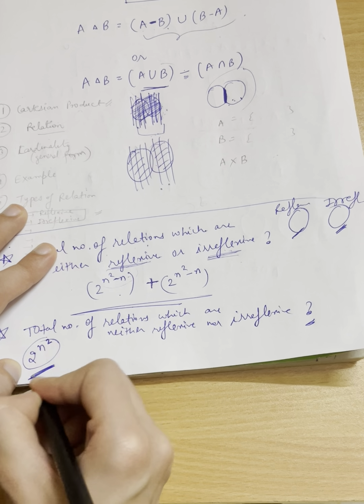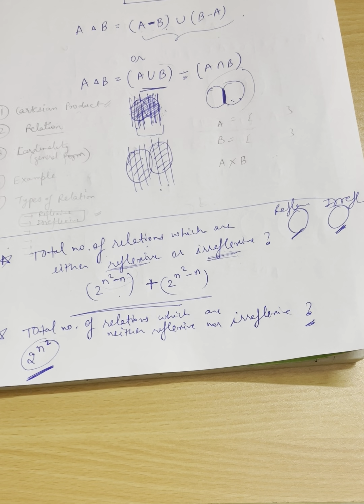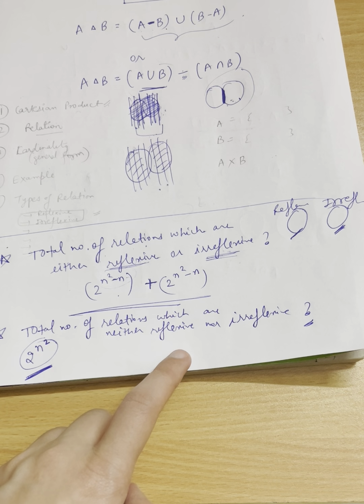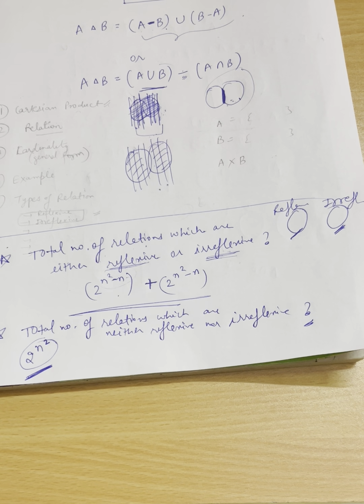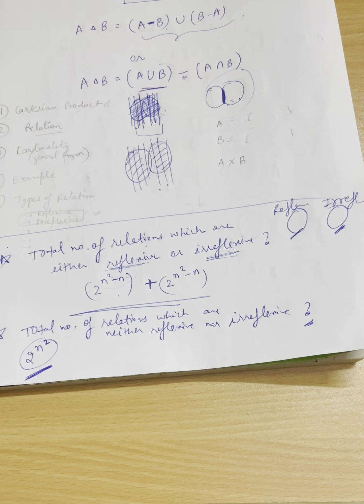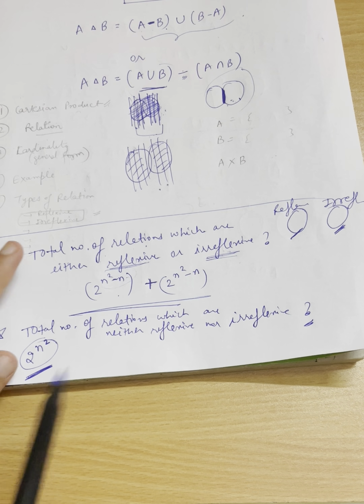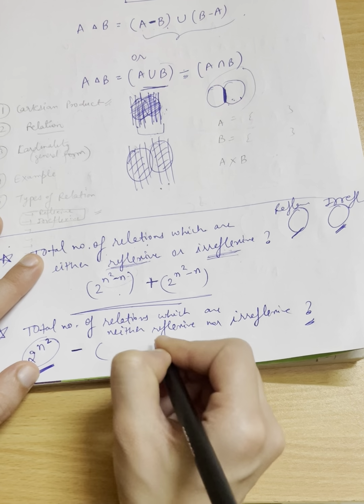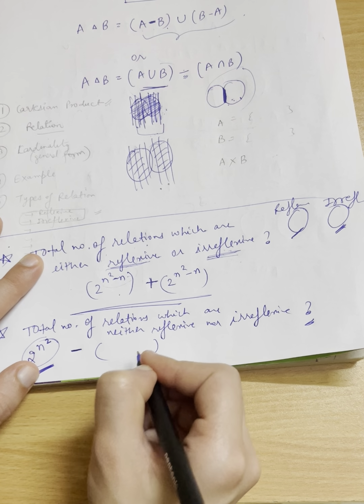So these are the total number of relations which we always have, and from these we need to subtract those relations which are either reflexive or irreflexive. The case of both cannot happen, because reflexive and irreflexive are disjoint. There is nothing common between these two relations. So we need to subtract those relations which are either reflexive or irreflexive.